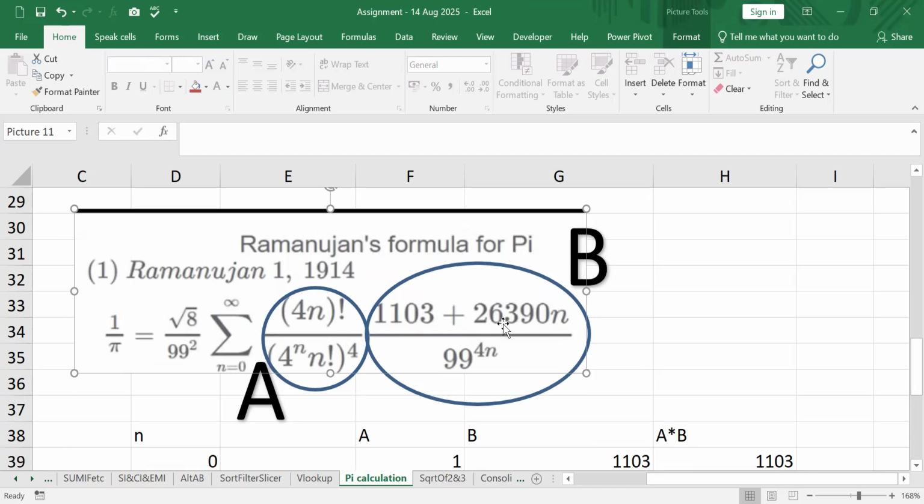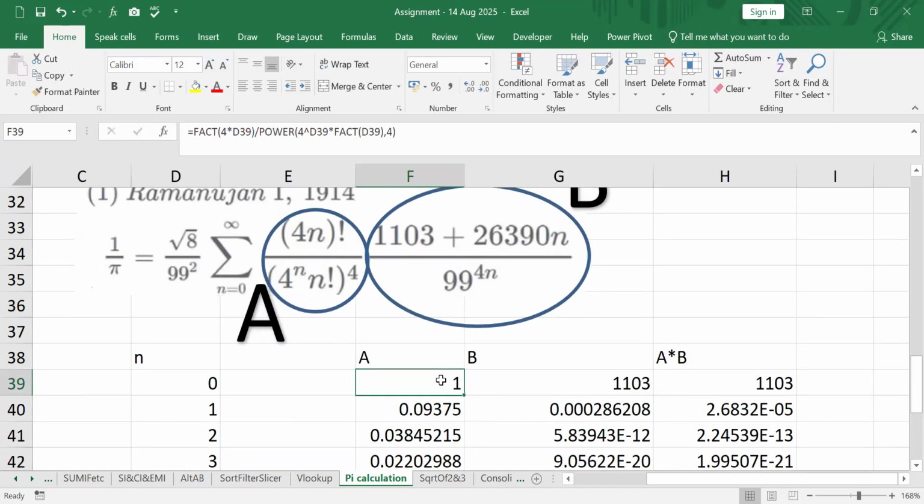Here it is 4n factorial. So A is being calculated here. And if you look at the formula, A is factorial 4 into n. So this symbol is FACT, F-A-C-T. And inside the bracket, it is 4 into n. And n is at D39. That is 0 here. And that is divided by the whole to the power of 4.